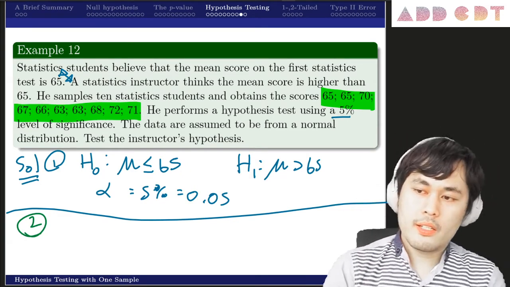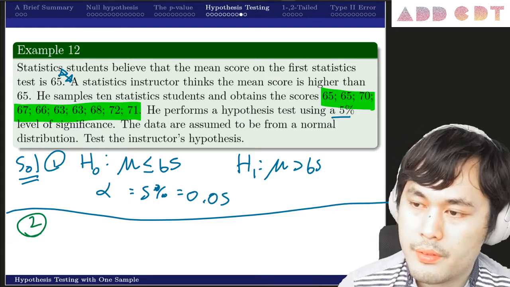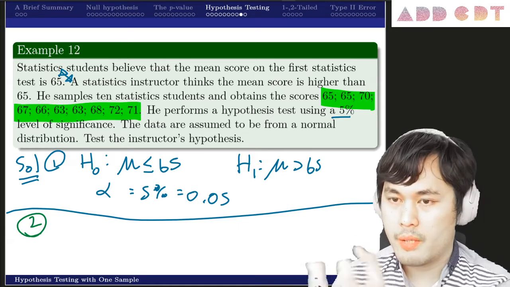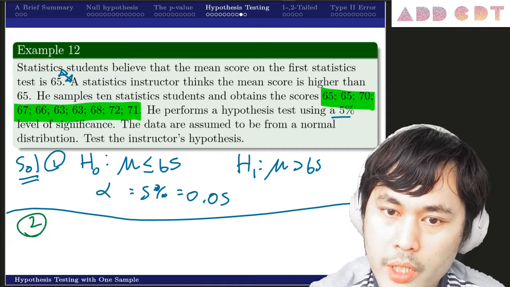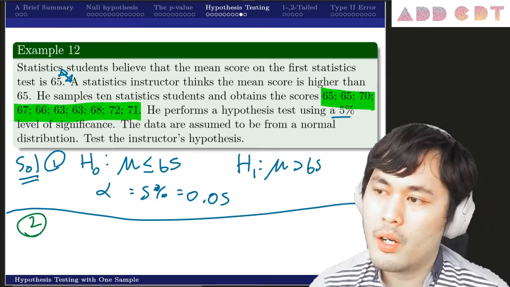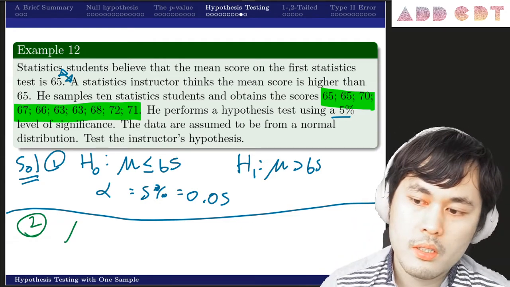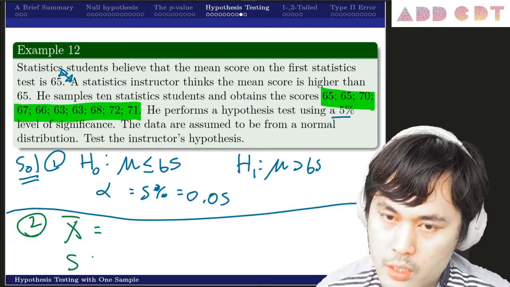So now you collect a sample. Maybe there are 100 statistics students, but you only collect 10 because you just want a sample to test. That's a raw sample, right? So you have to get the x bar, and you have to get the standard deviation.